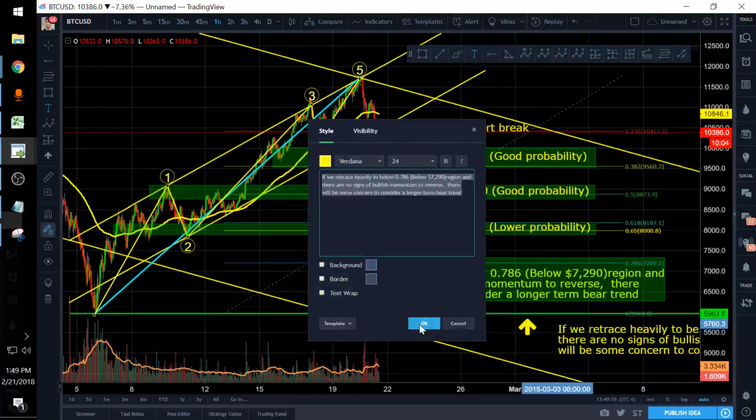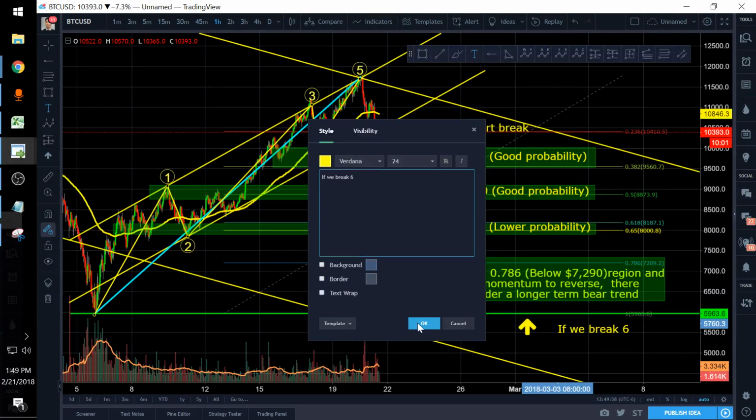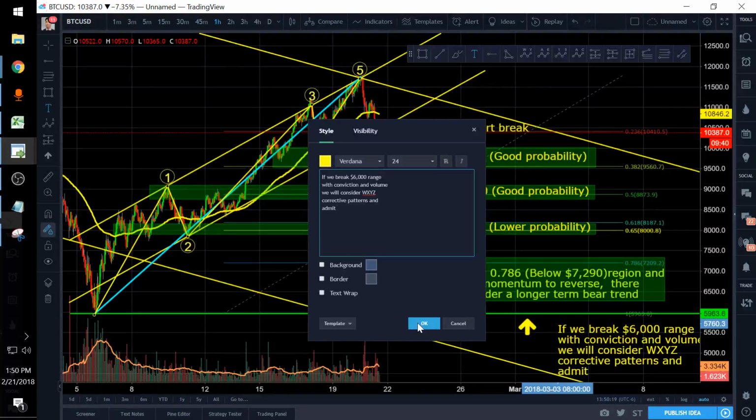If we break the 6,000 range with conviction and volume, we will consider WXYZ corrective patterns and admit and will with certainty accept further correction.